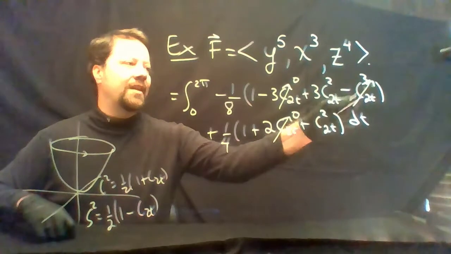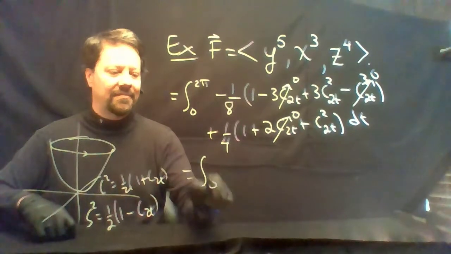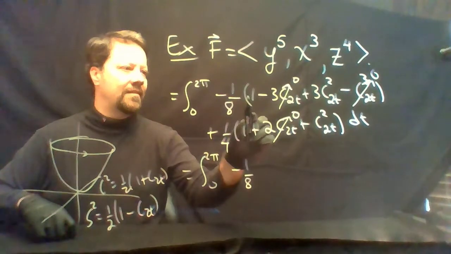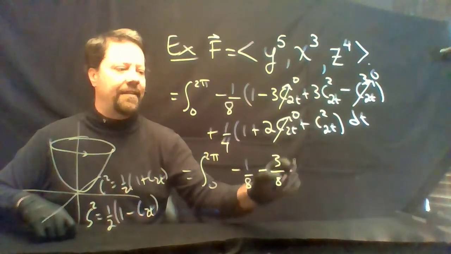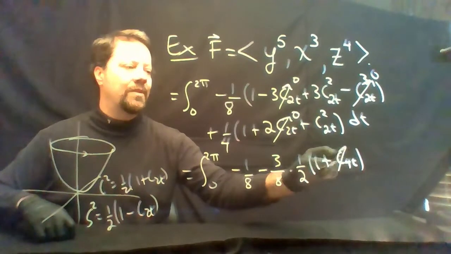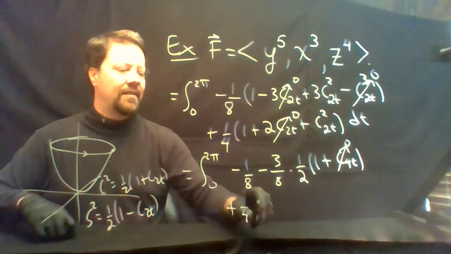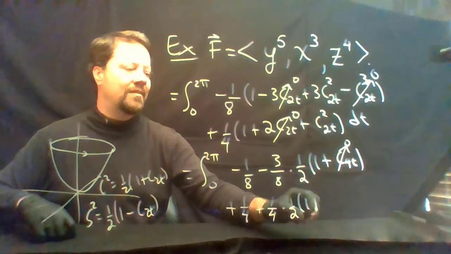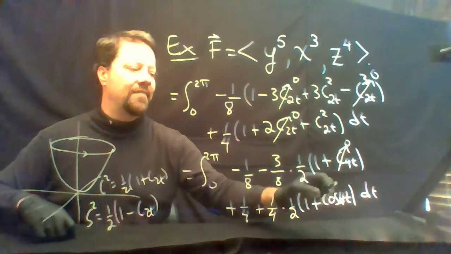Odd powers of cosine integrated over an entire period will yield nothing. We'll have minus 1/8 and then minus 3/8, and then we have to apply a half angle identity again, 1/2 (1 plus cosine 4t), which of course integrates to 0, plus 1/4 plus 1/4 times, again, 1/2 (1 plus cosine 4t), all times dt.